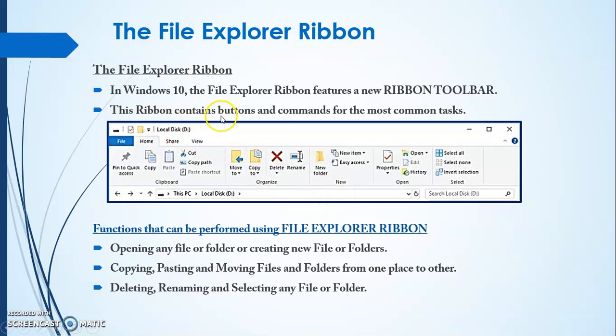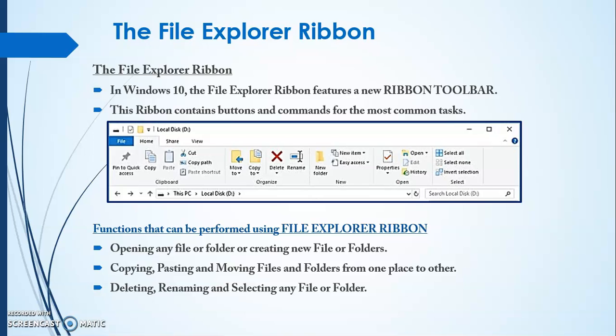It contains buttons and commands for the most common tasks. What are the most common tasks? To copy something, cut something, paste something, move a file or folder to another location, delete, rename. These are the common tasks that you perform.